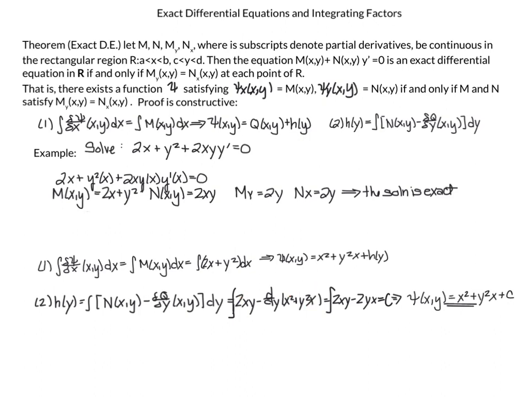If you look at this, this is the integral of 2xy, derivative with respect to y, well, this goes to 0, and this is minus 2xy. So this is the integral of 0, which simply equals a constant. So our function h of y is just equal to c, a constant, and our final solution is x squared plus y squared x plus c, and that will satisfy our original differential equation.